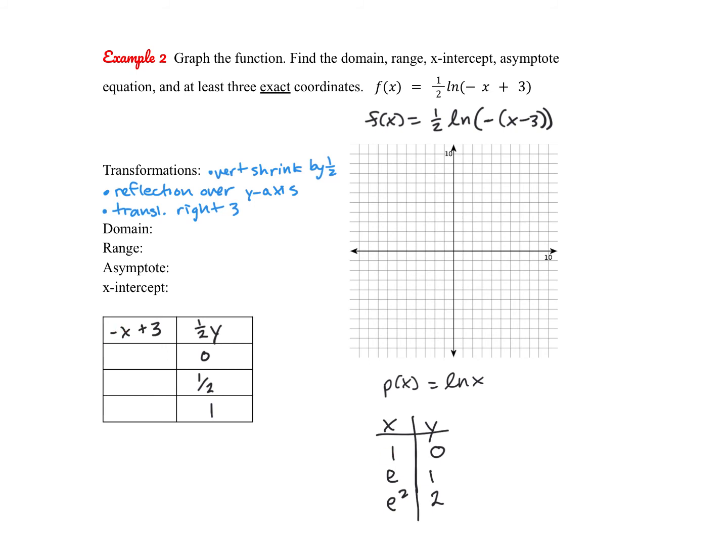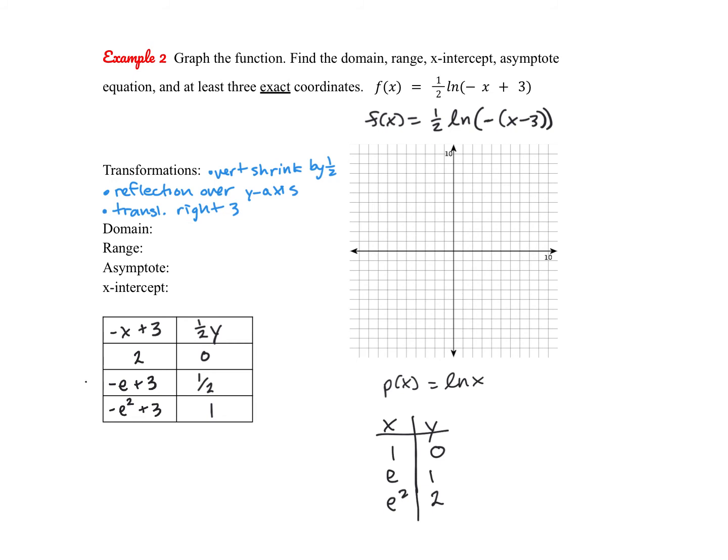So negative 1 plus 3 is 2. Here, we can just write this as negative e plus 3, and I'll get a decimal approximation for that in a moment. And then negative e squared plus 3. So we can plug those into our calculator and get decimal approximations. One second.